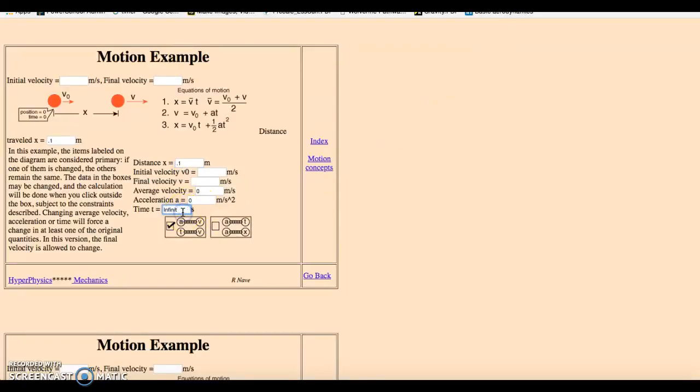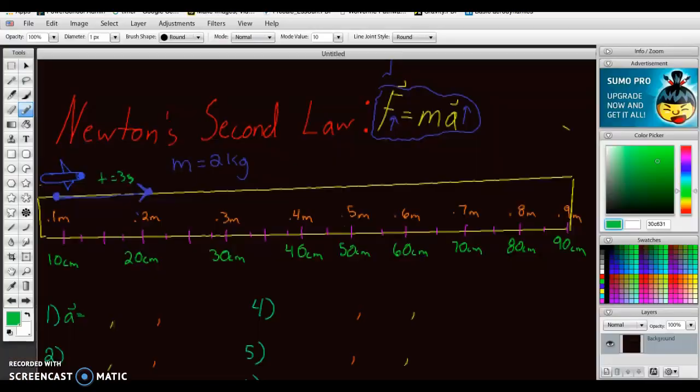When I put in my time of 3 seconds, the acceleration is 0.03 repeating meters per second squared. Now we can calculate the force applied by this airplane over that displacement.